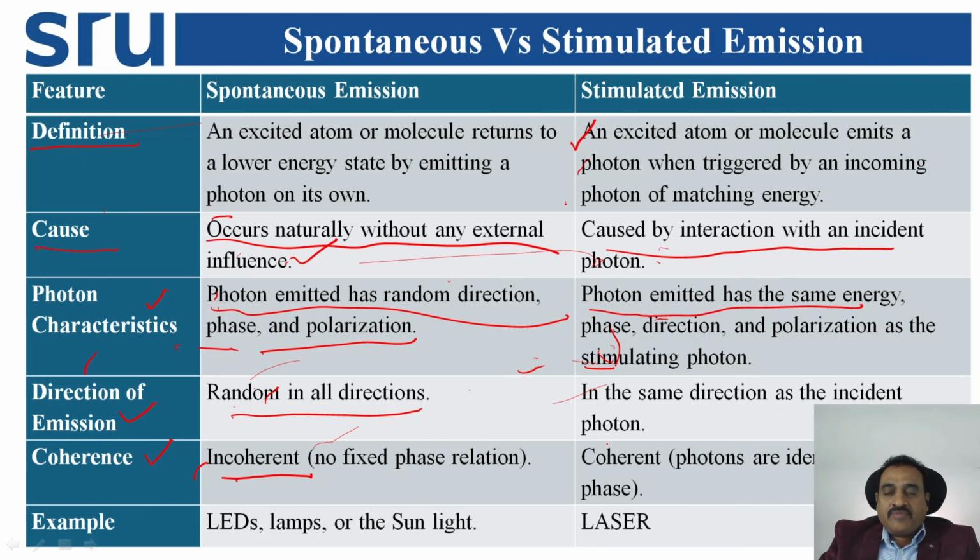But stimulated emission is coherent light, so photons are identical and in the same phase. What are the examples for spontaneous? Light emitting diode, general lamp, the sunlight. For stimulated emission, any laser: helium neon laser, semiconductor laser, carbon dioxide laser, etc.